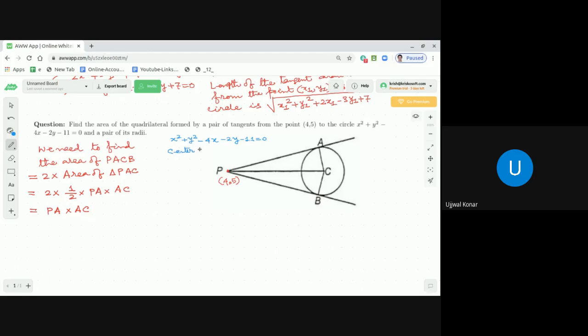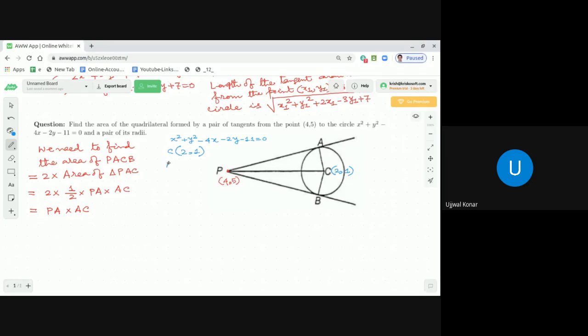Okay, the center is at the point C, which becomes 2, 1. That is the coordinate of the center, 2, 1. And what is the radius?